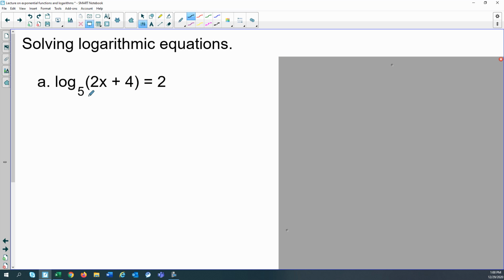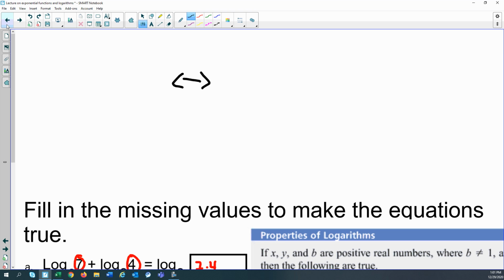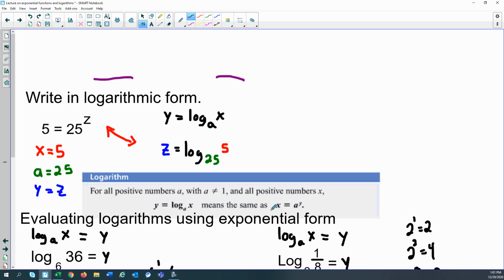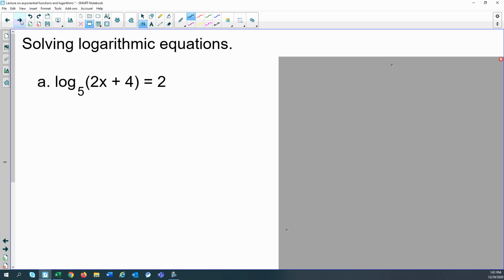The best idea is turn it into exponential. So if you remember your exponential conversion from back a few slides, we have a to the power of y equals x is what we get to when we use that.